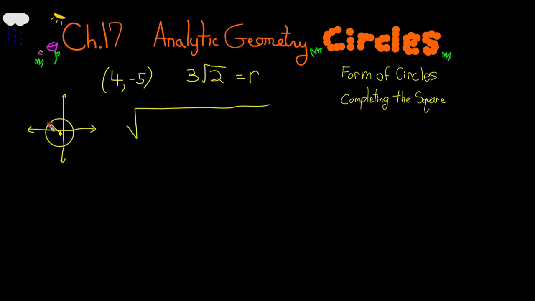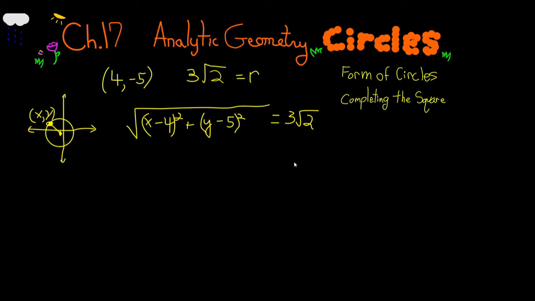So this point, let's call it (x, y). And this other point will be (4, -5). Obviously, it's not (4, -5) on my little diagram here, but that's neither here nor there. So the square root of (x minus 4) squared plus (y plus 5) squared equals 3 root 2. And there we go, we've solved our problem.